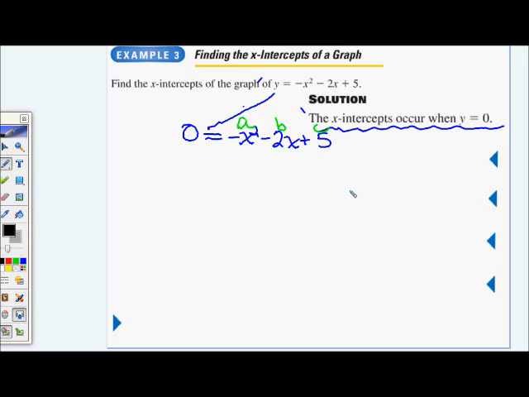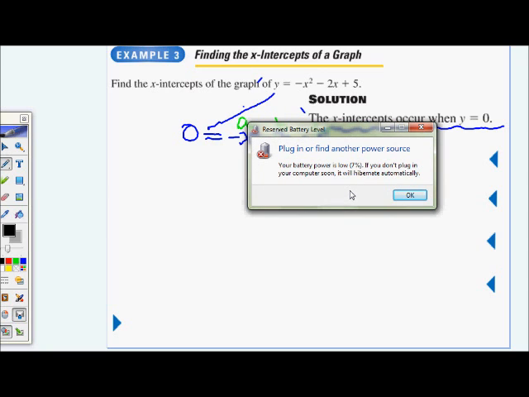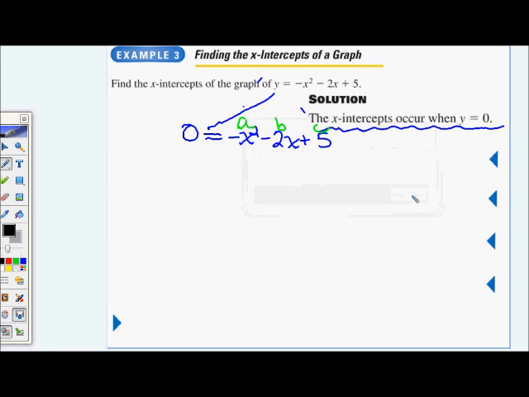We've gone back. We substituted y for 0 because we were looking for the x-intercept. Now we're going to put our terms a, b, and c into the quadratic formula. Of course, we're going to run into power issues here too, so hopefully I can get this last example done.